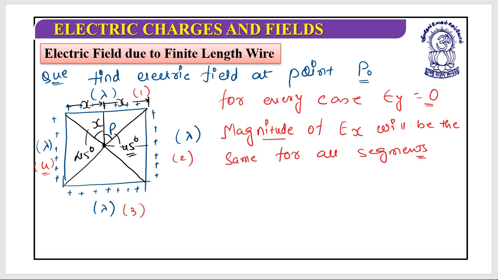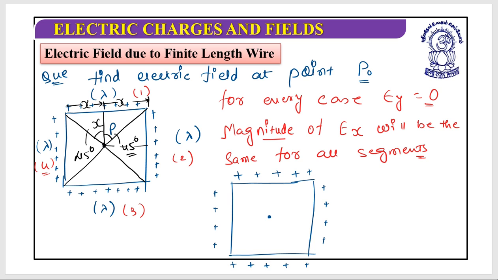So the situation would be, I need to redraw this. Let's look at the situation again carefully. This is the situation, right? We require the electric field at point P.